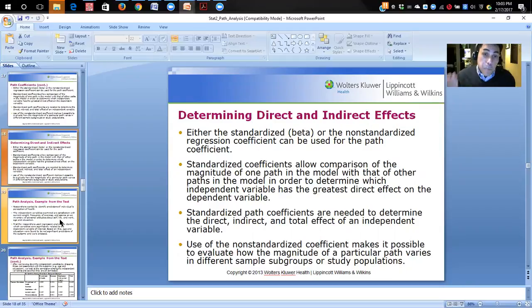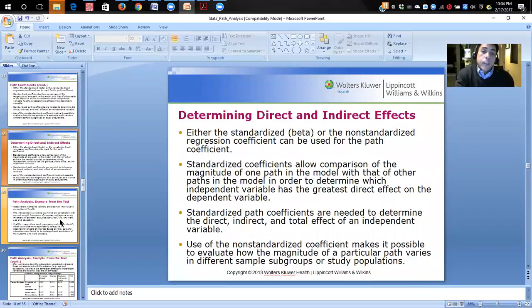Standardized path coefficients, which are path analysis coefficients, are needed to determine the direct, the indirect, and then the total effect of an independent variable. So there's a subtle difference here between the words standardized coefficient versus standardized path analysis coefficient.